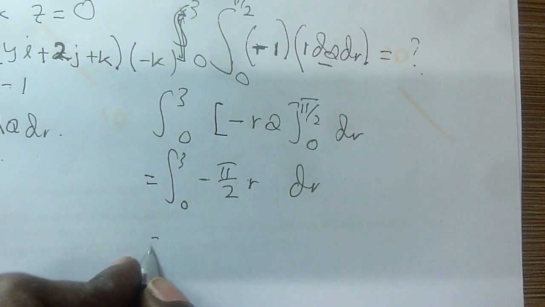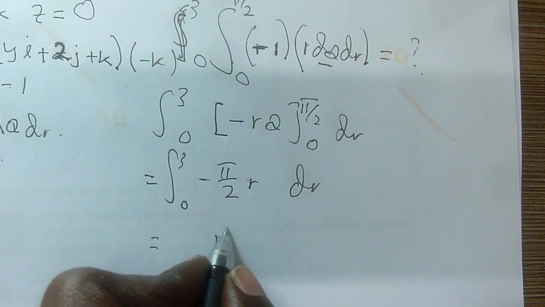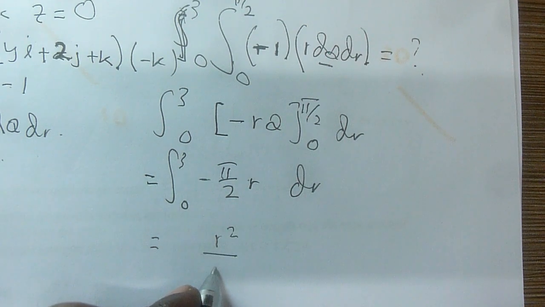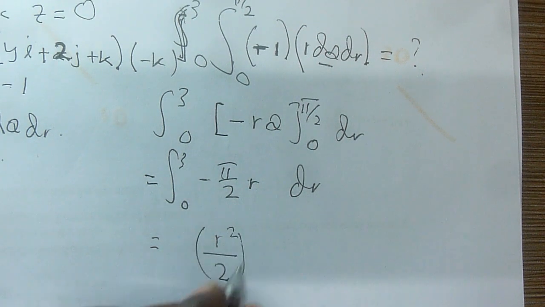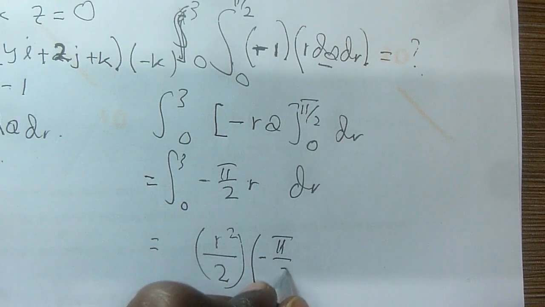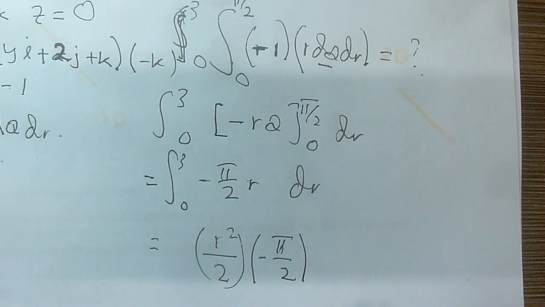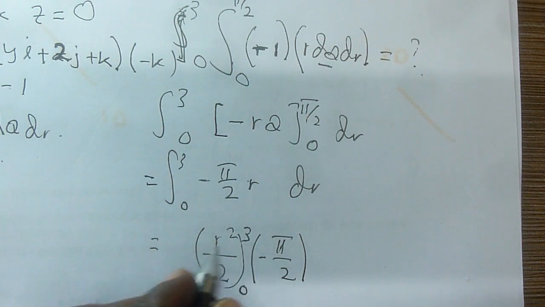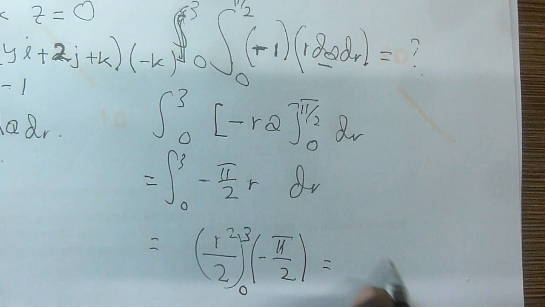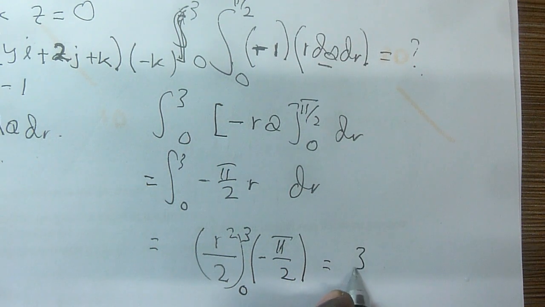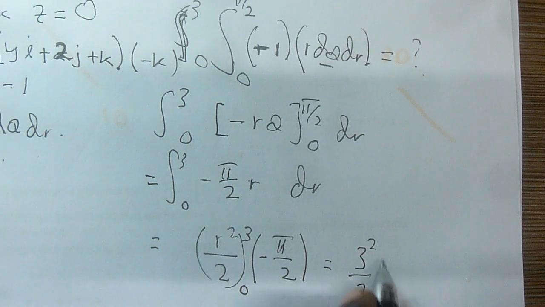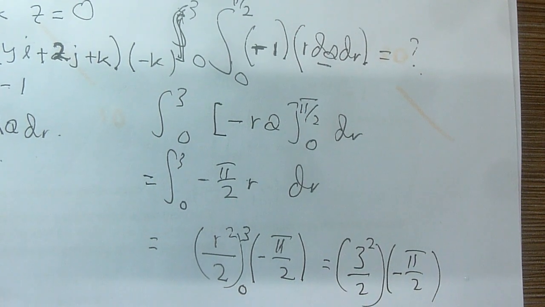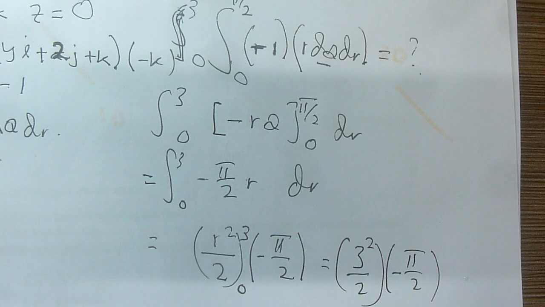Can I go further? Can. This is r²/2. Now you get negative π/2, in this case from 0 to 3. Then you just substitute inside, which you get 3²/2 here, which gives negative π/2 times that.